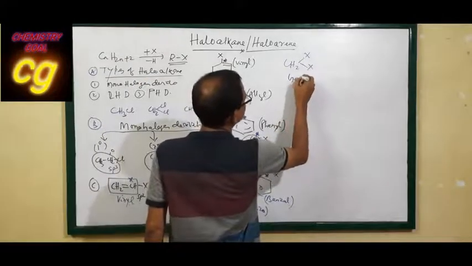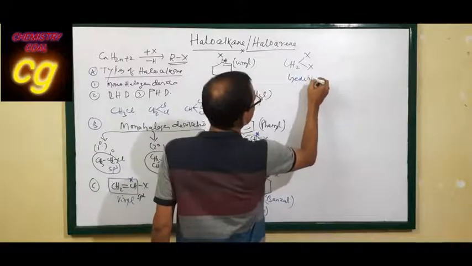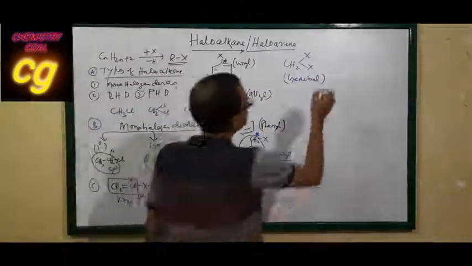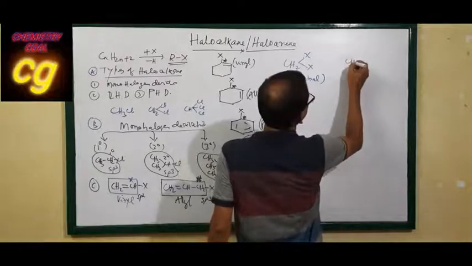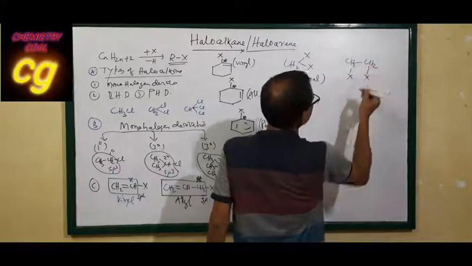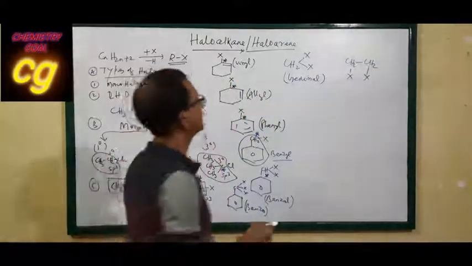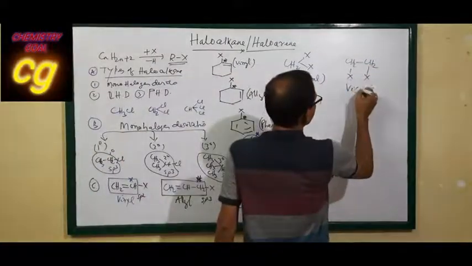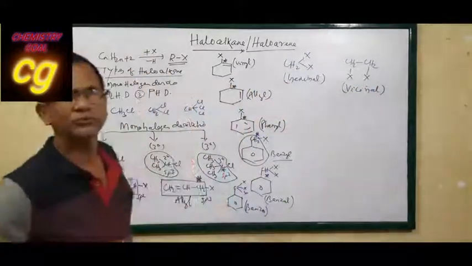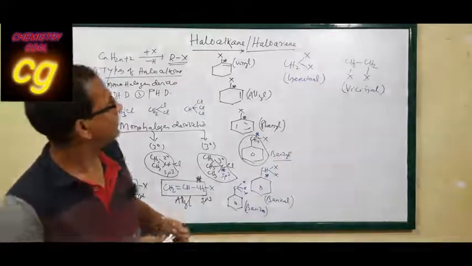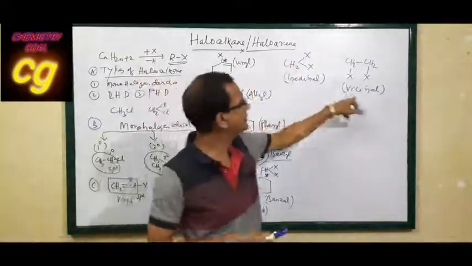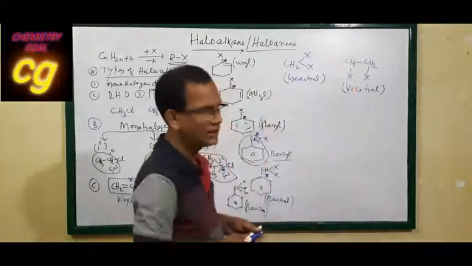Geminal. When two halogens are attached to adjacent carbons, this is called vicinal.